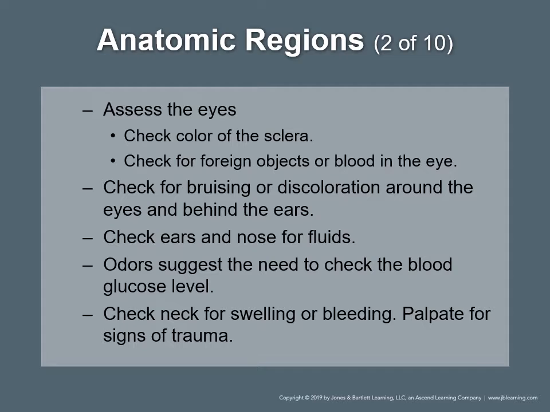That would be the mastoids back there being discolored from bruising. It could mean a basilar skull fracture, a head injury from the base of the skull. That discoloration or ecchymosis behind the ears is called Battle's sign. And around the eyes can also mean that they have some sort of basilar skull fracture.